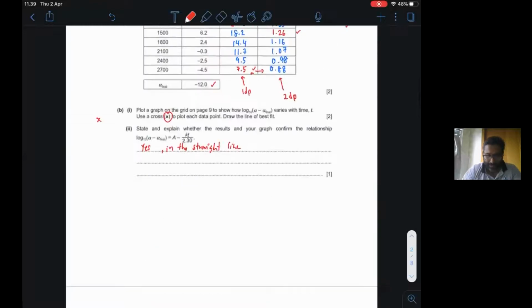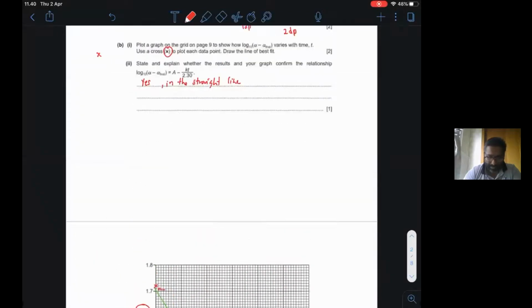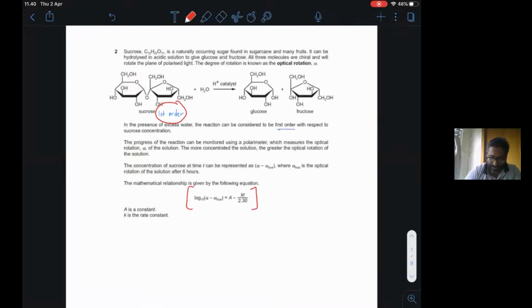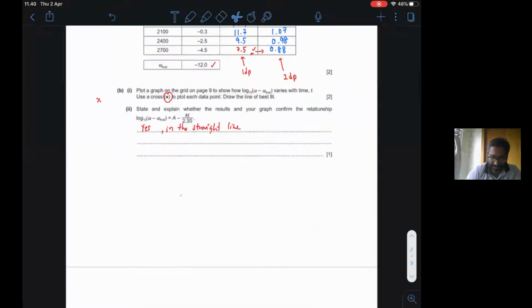They ask over here, state and explain whether the results in your graph confirm the relationship of this equation. Let's say I'll just copy this equation. They're asking whether it confirms that graph or not.